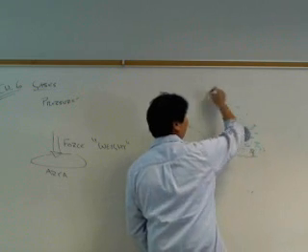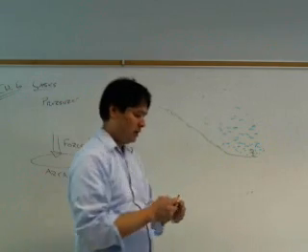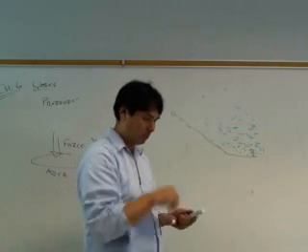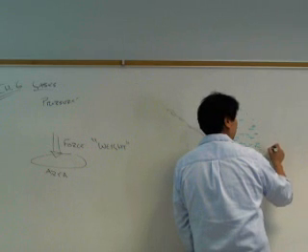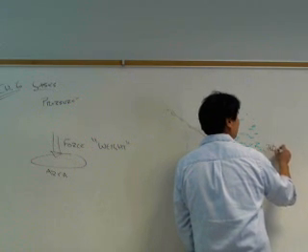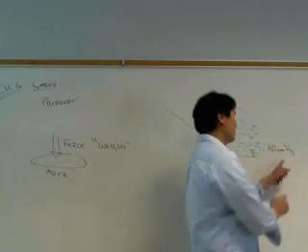Well, 1 atm, we have other ways of expressing that. 760 millimeters of mercury, liquid mercury.